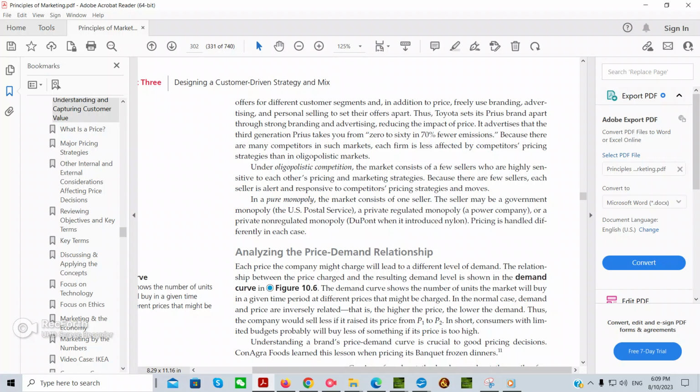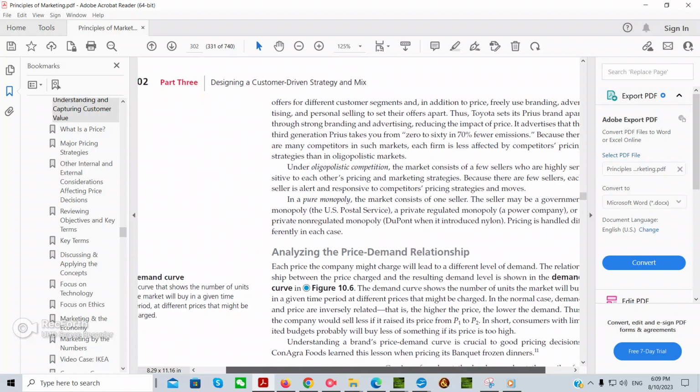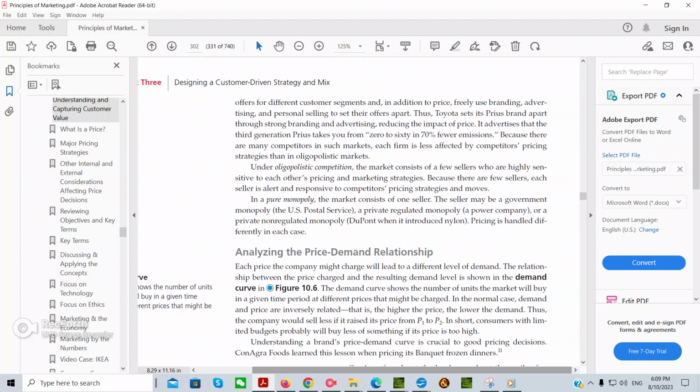Sellers try to develop differentiated offers for different customer segments, and in addition, freely use branding, advertising, and personal selling to set their offers apart. For example, Toyota sets its Prius brand apart with strong branding and advertising, reducing the impact of price. It advertises that the third generation of Prius takes you from 0 to 60 with 70% fewer emissions. Because there are many competitors in such markets, each firm is less affected by competitors' pricing strategies than in oligopolistic markets.